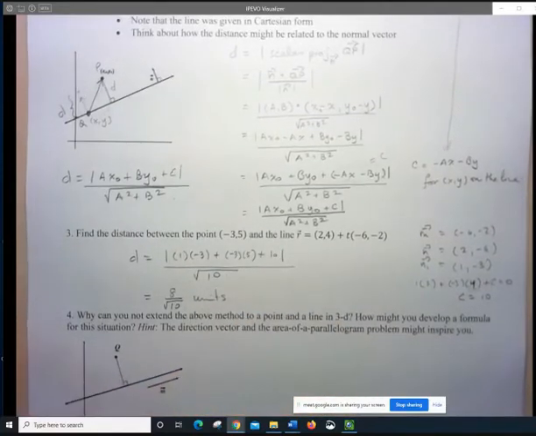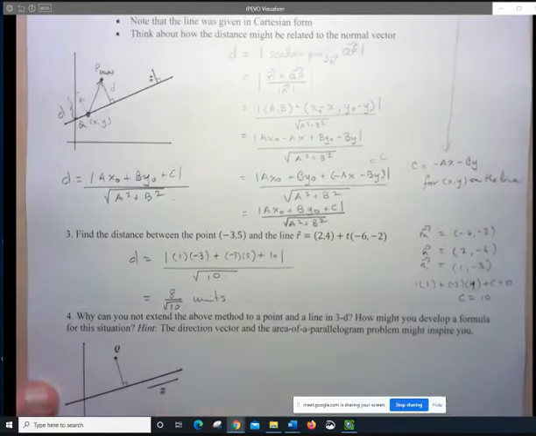Okay, and if you want, you can find an approximation for that, or you can rationalize it if you want to avoid the square root in the denominator.